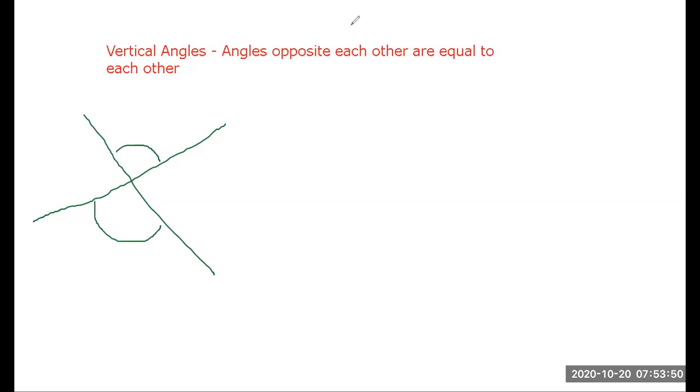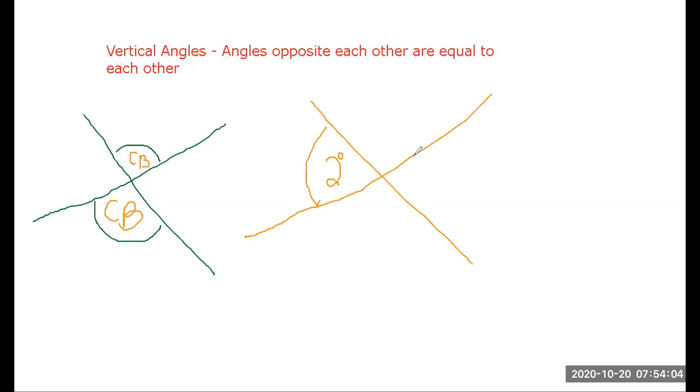So if this angle is a cheeseburger, this angle right here is a cheeseburger. Let's do another one. If this angle right here is 2 degrees, the angle opposite it is also 2 degrees. That's what we call vertical angles.